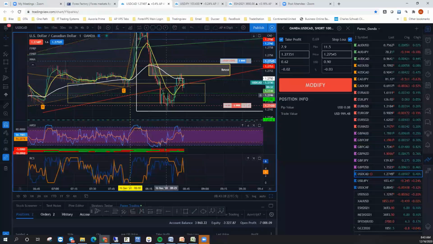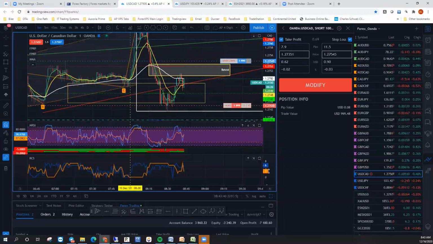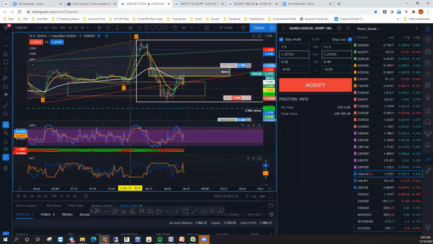We did get the green to cross over the yellow, but it's still hanging out underneath the 1 minute 62. And we're showing dollar strength right now on the 1 minute. This may have been the pullback to retest the wedge zone.